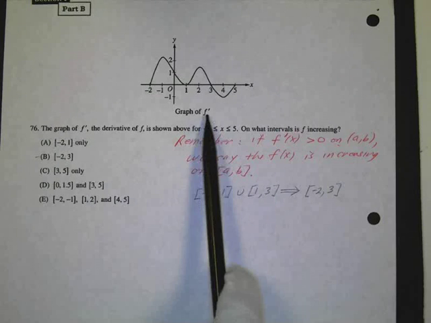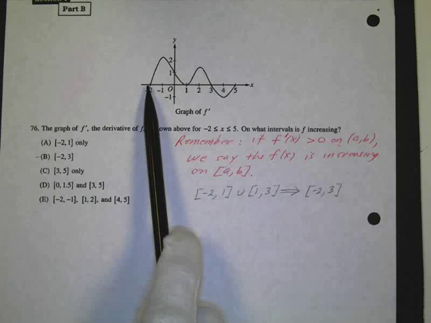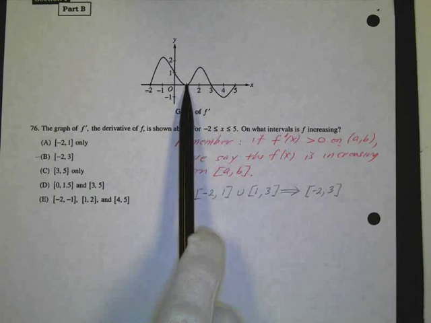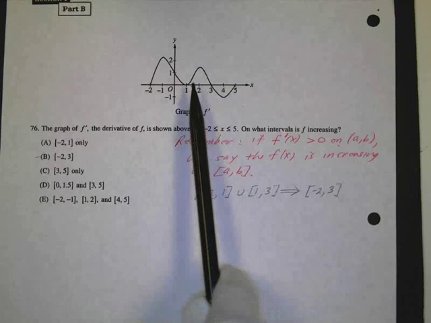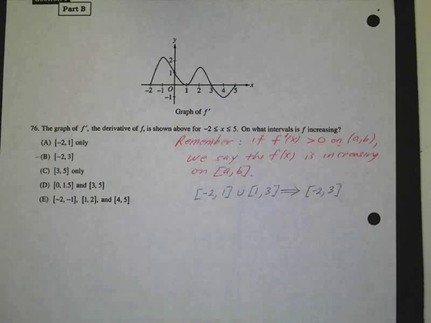So we look over here, this is my derivative, so it is positive from -2 to 1, and it is positive from 1 to 3.